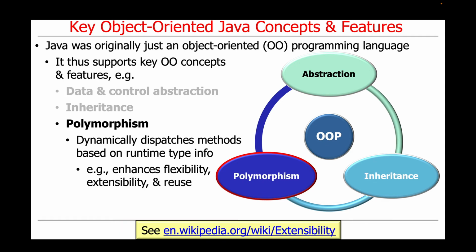Dynamic dispatching, or polymorphism, can be used to enhance flexibility, extensibility, and reuse by being able to build upon an existing API and then selectively customize or refine method implementations based on other characteristics that become clear as you go down the inheritance hierarchy.